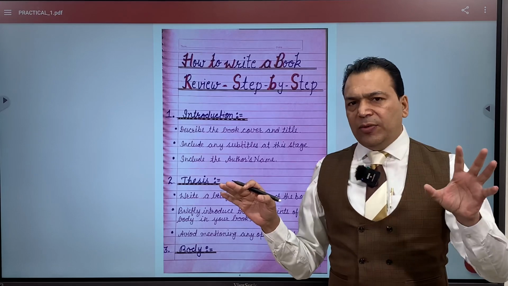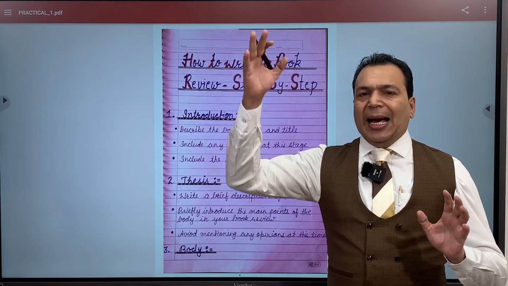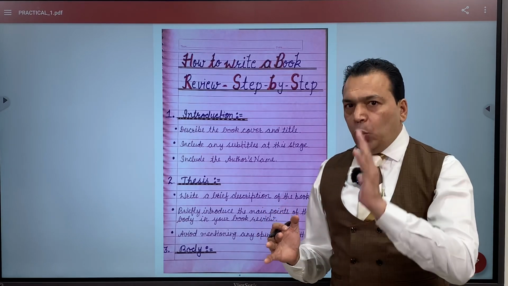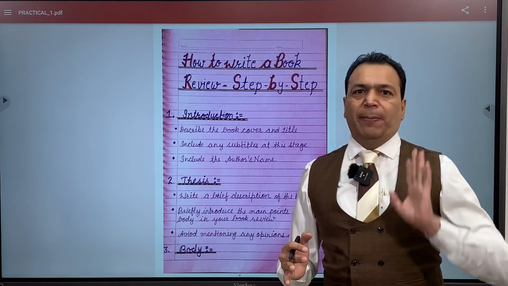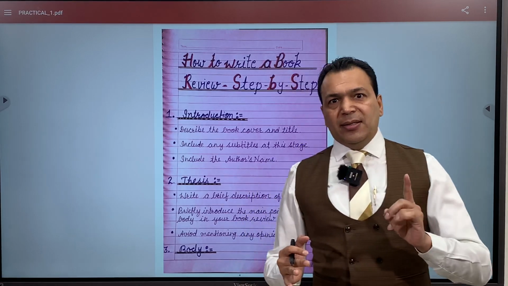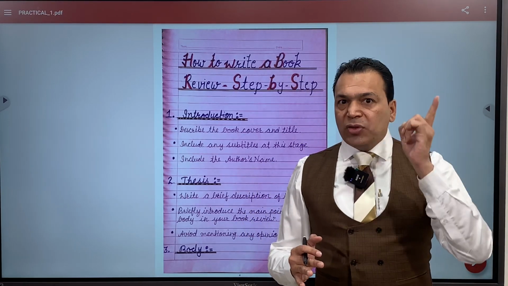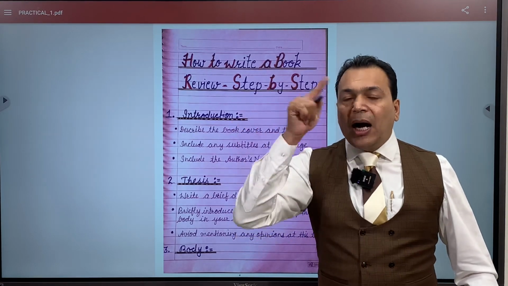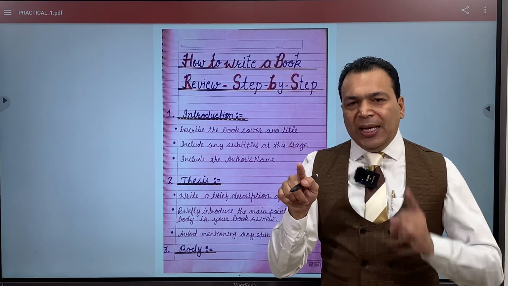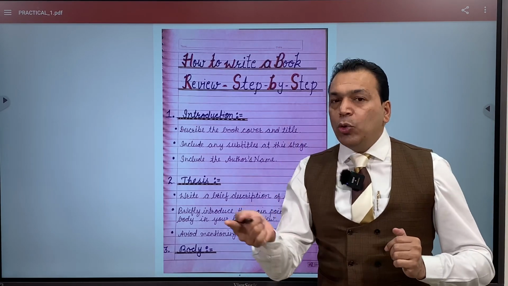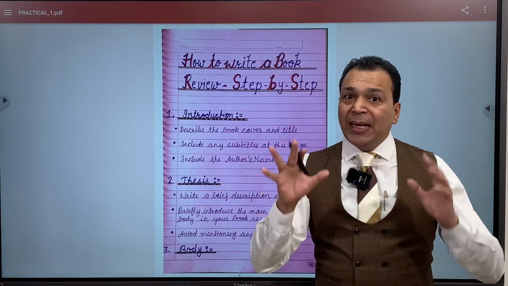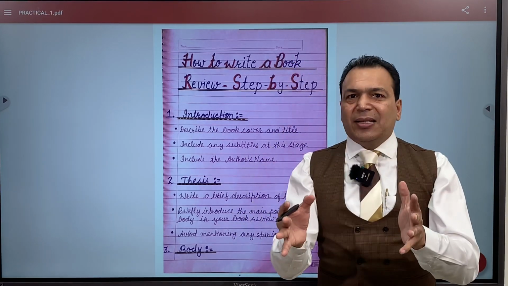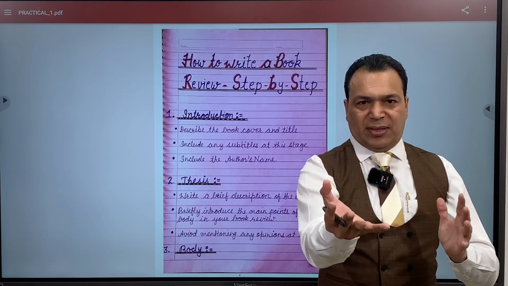Whichever book you choose, these are the steps you have to write so that you can satisfy the examiner. Why do you have to satisfy the examiner? Because he will come to know that you know how to review a book, and then automatically he will know that all the dissertation work you have done by yourself.